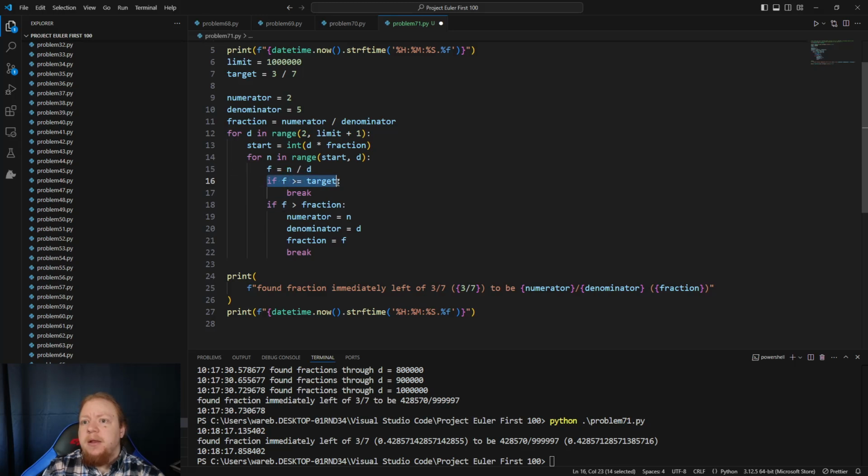And then if it is larger than or equal to our target, we just break out of the loop, go to the next denominator. Otherwise, if it is larger than our current fraction that is immediately to the left of 3/7, we reset our current values. And yeah, I'm going to call it there for this one.